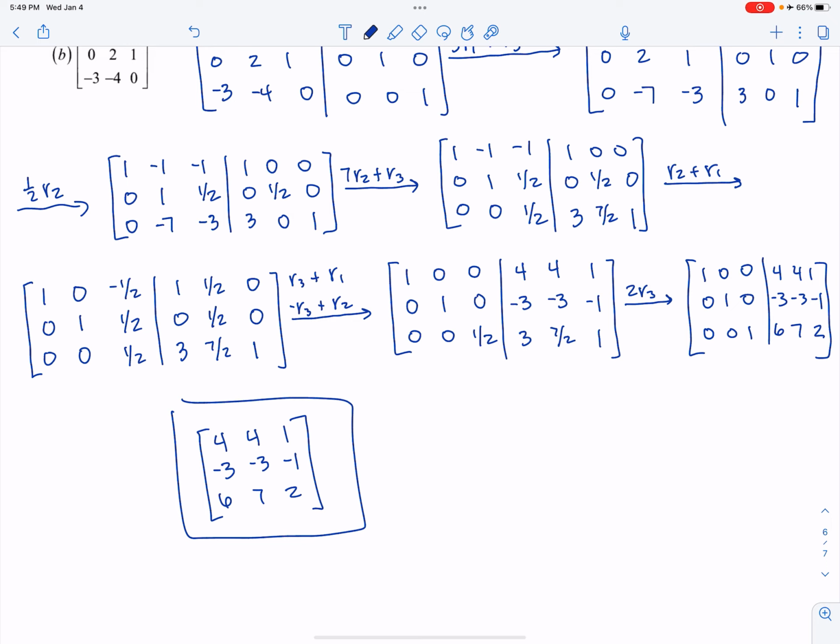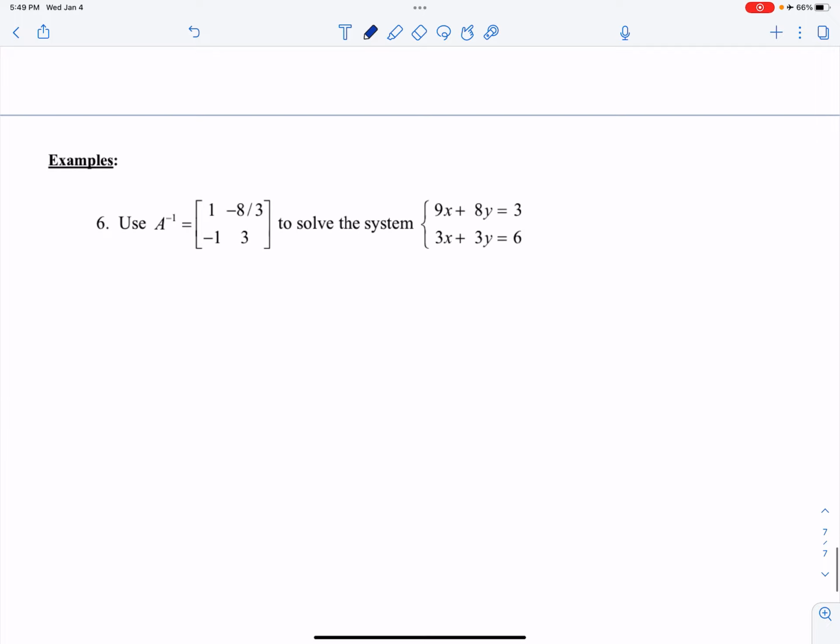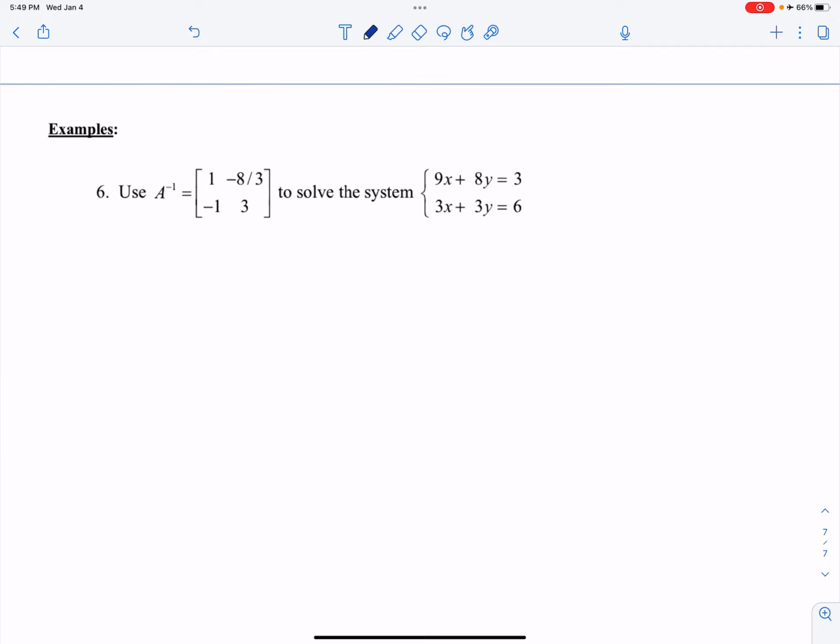That's our inverse matrix. Now, what's the point of finding an inverse matrix? I'll show you right now. We know that when we're solving, we can use the inverse matrix because x equals A inverse times B. And x is our solution, the solution to the system.